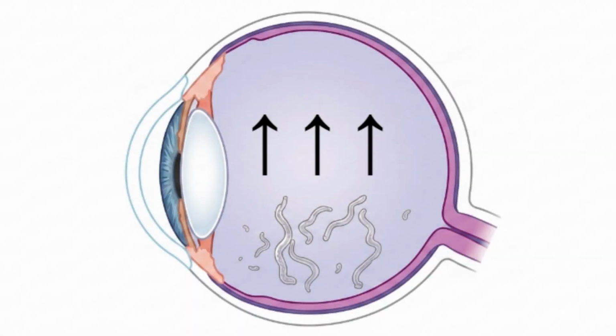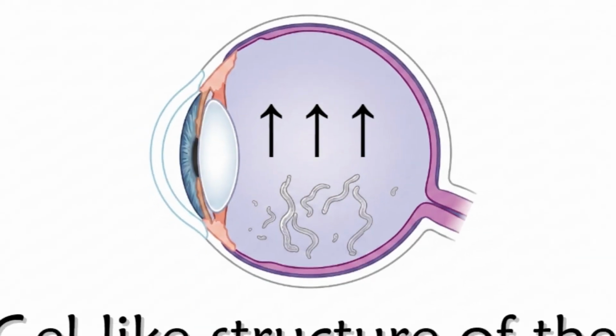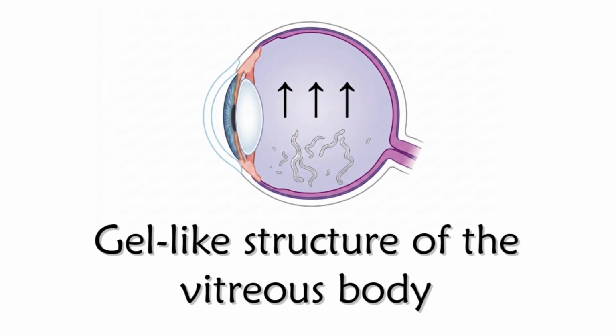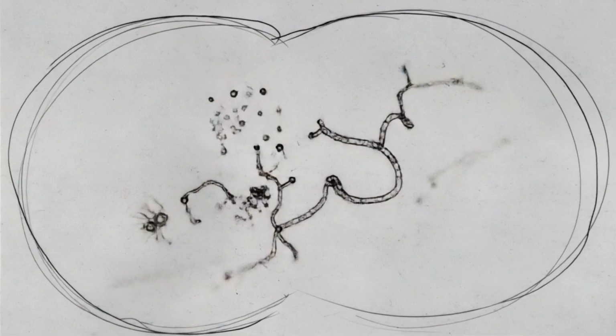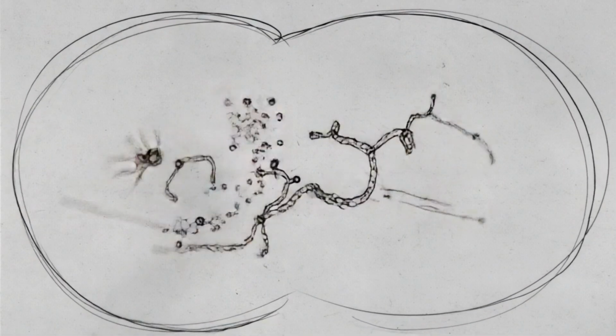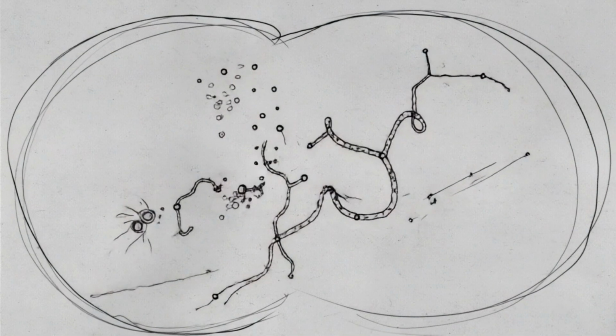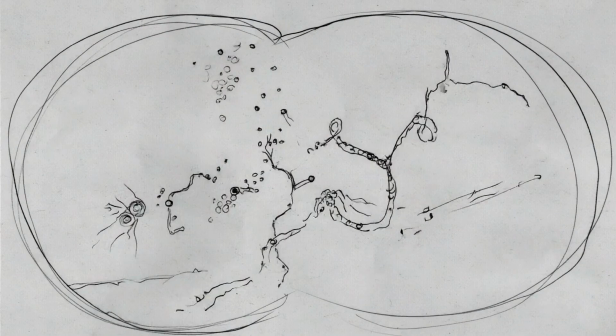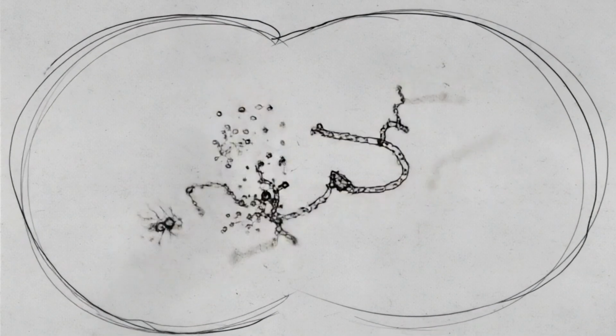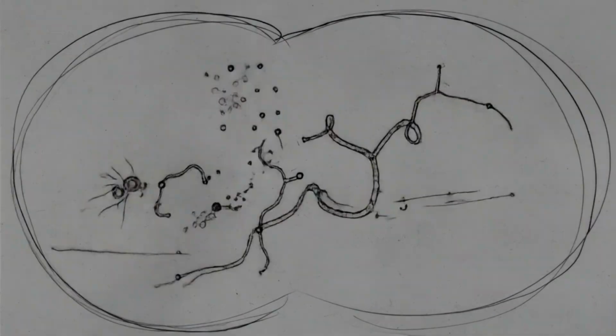The phrase gel-like structure leads us to yet another possibility. As discussed in episode 1 of Inconvenient Questions for Ophthalmology, floaters can appear in the same constellations for years or even decades. Ophthalmology explains this by proposing that floaters do not move freely within the vitreous humor, but remain more or less embedded in its gel-like structure.